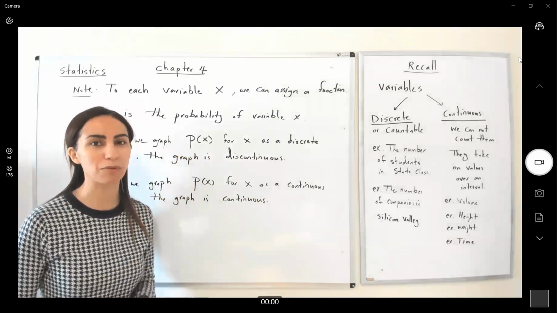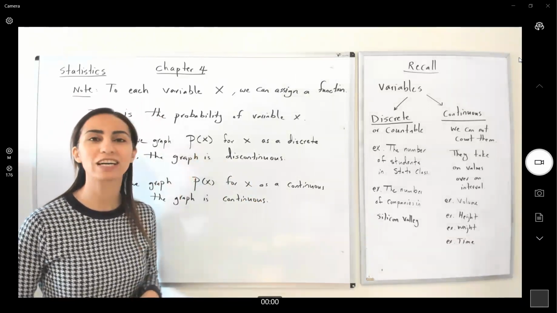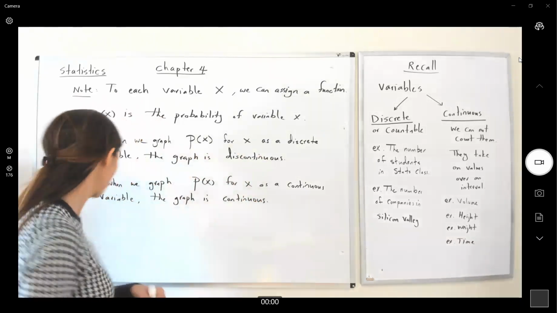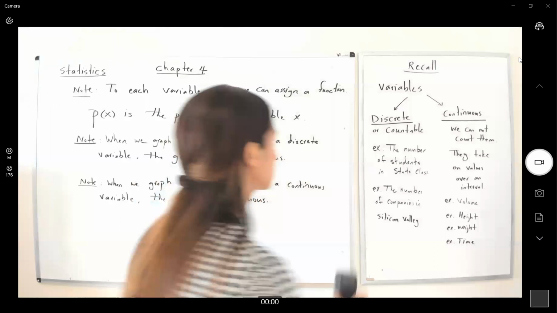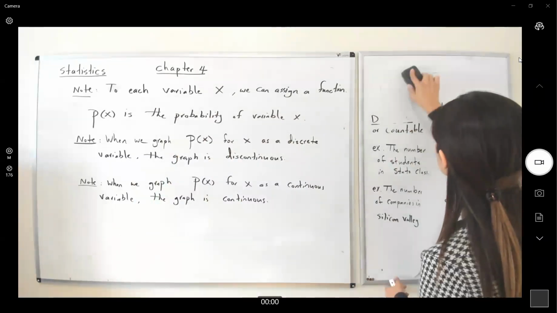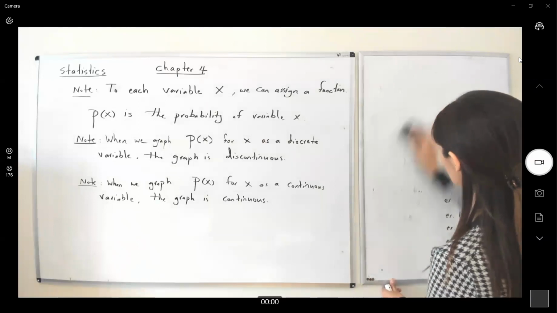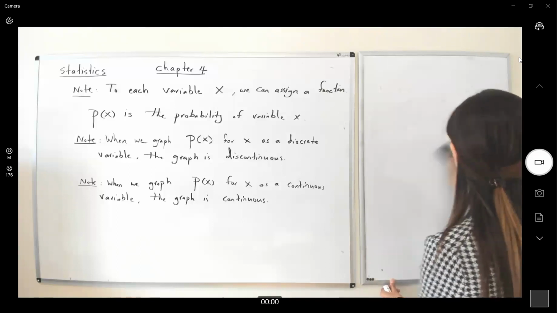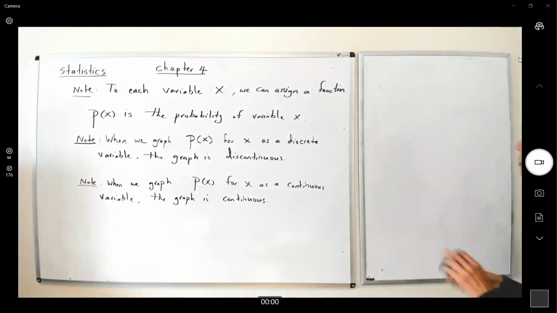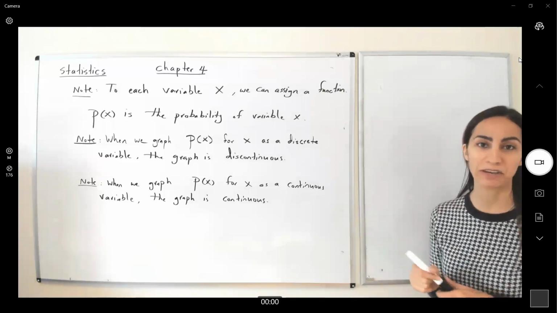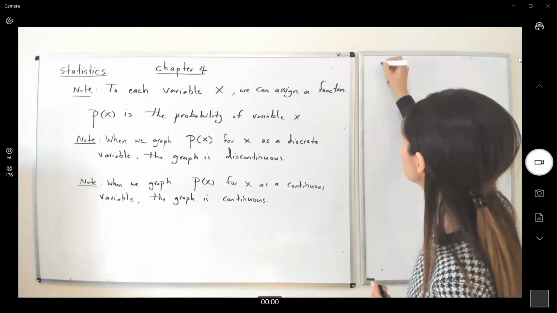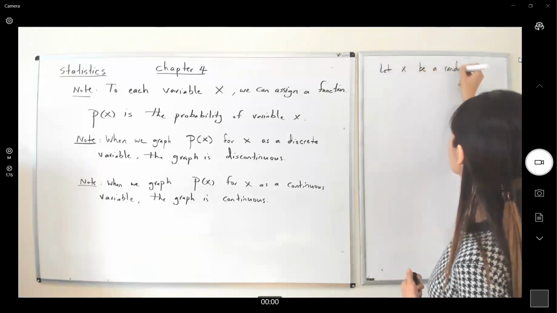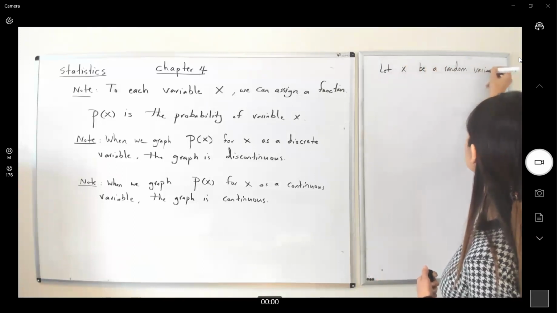Very well. Okay, so now that we talked about the probability as a function, we're going to talk about the properties of this probability function. When we say P of x is the probability distribution function for variable x. So in general, suppose you have a random variable. Let x be a random variable.